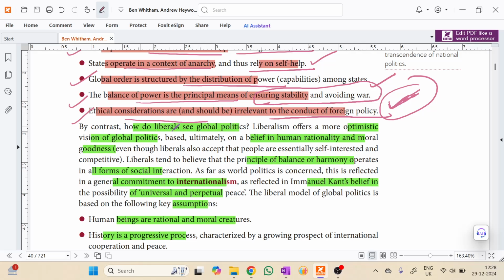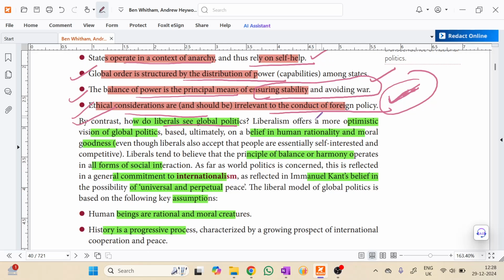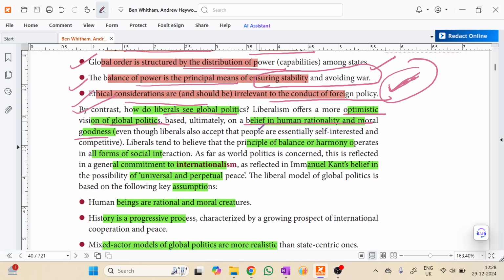And then, how do liberals see global politics? So liberalism is more optimistic about global politics, and its belief is based on human belief in rationality and moral goodness. They consider people to be rational and morally good, and they tend to believe that the principle of balance or harmony operates in all forms of social interaction.